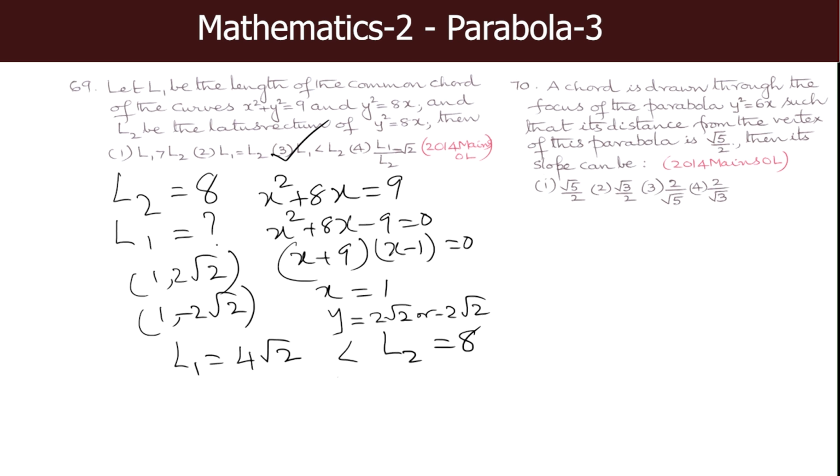A chord is drawn through the focus of the parabola y square equal to 6x such that its distance from the vertex of this parabola is root 5 by 2. Then its slope can be. Well, a chord is drawn through the focus of the parabola.